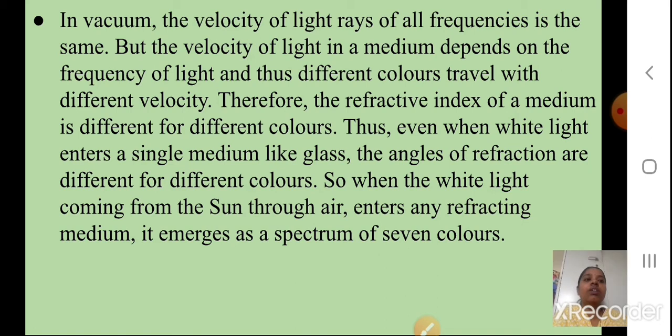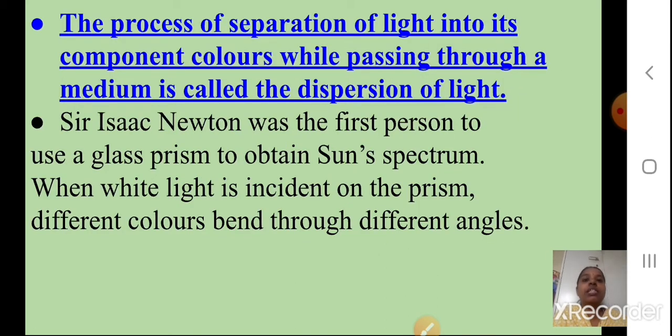Here we are taking that medium as a prism. Now an important definition: the process of separation of light into its constituent components, the constituent colors, while passing through a medium is called the dispersion of light.